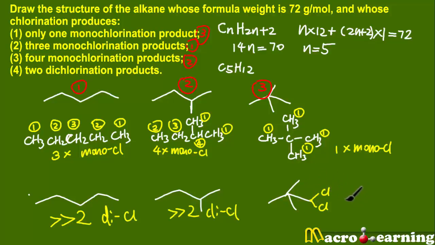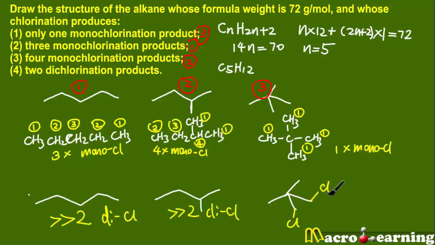So, and if we put the 2 chlorines on different carbon atoms, we could have this, or this, but it's still the same structure. This is still the same as this because of the way it's structured. All the carbons on the end except for this are the same.